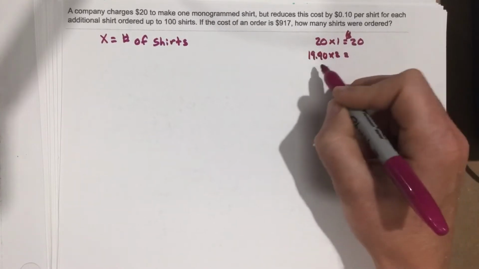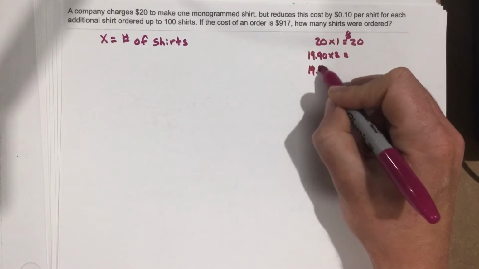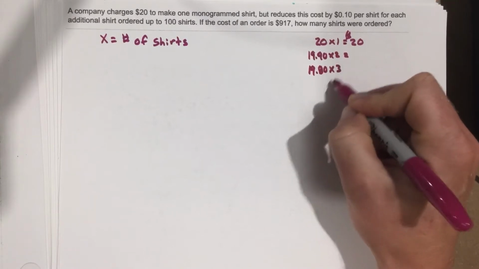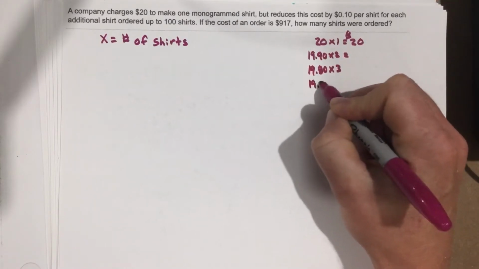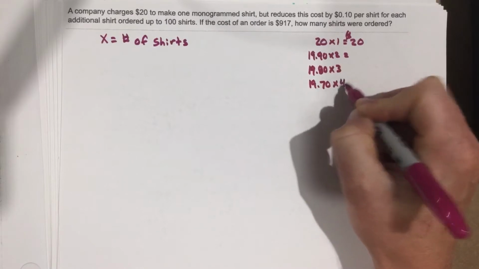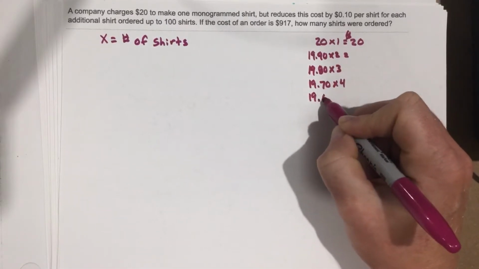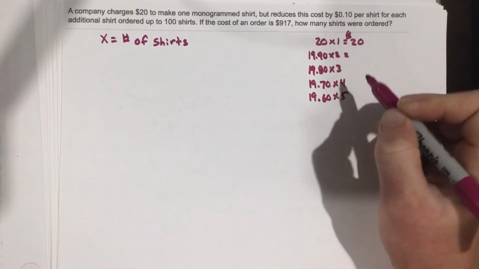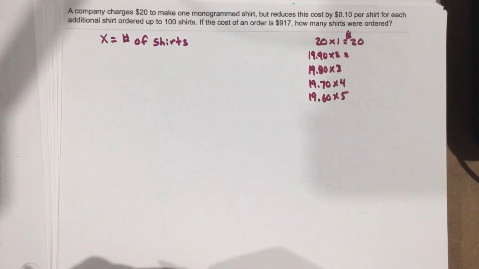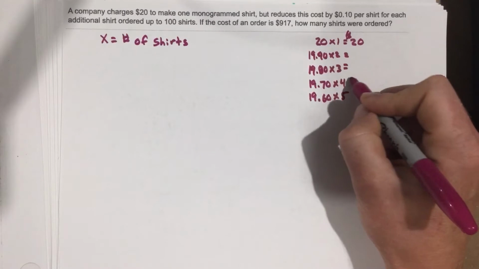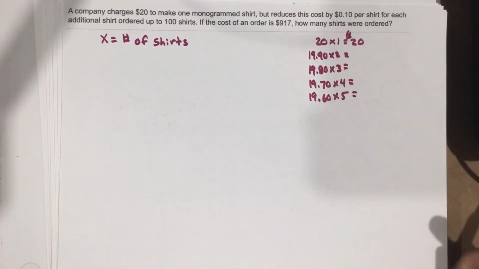If you buy three, you're going to pay $19.80 times 3. Then $19.70 for 4. Then $19.60 for 5. So on and so forth. So that's the pattern that they're talking about, taking 10 cents off for every shirt that you order.